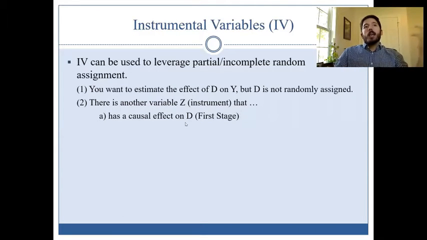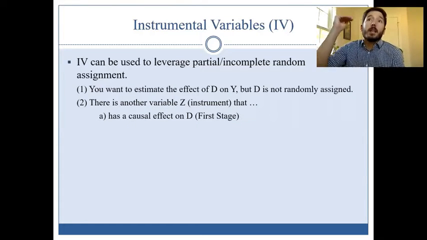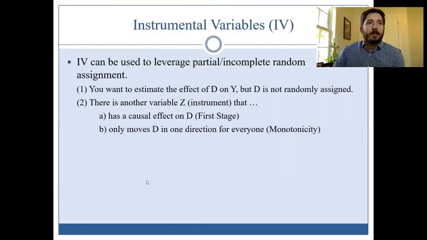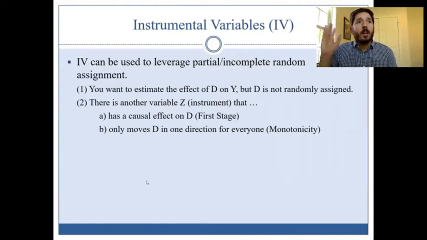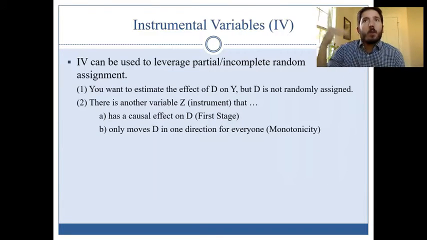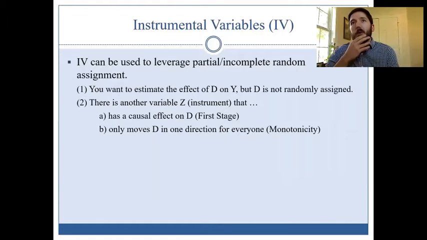So if it's the case that we have this other variable that has a causal effect on treatment, so there's something about this variable Z that makes you more likely to receive the treatment, right? That's the first condition. It's always going to make you more likely to receive the treatment, or always going to make you less likely to receive the treatment. But in our typical case, we're thinking of Z as going to make you always more likely to receive this treatment.